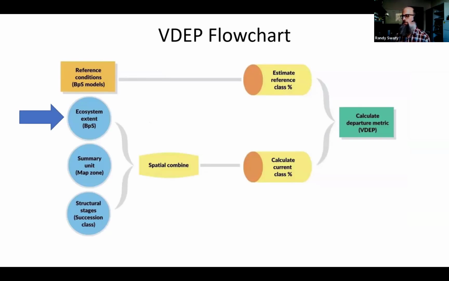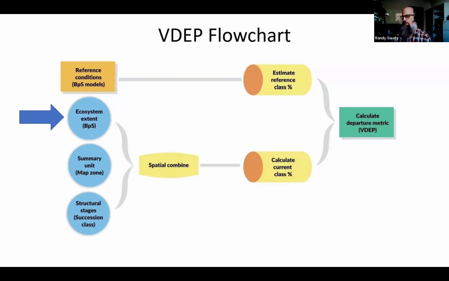And on the left, you see basically 4 inputs. We have the reference condition models, the ecosystem extent, which is what I'll be talking about now, the summary unit, which for LANDFIRE would be map zones that Jim touched on, and I'll go into maybe more than you want in a little bit. And then to capture current conditions, we have our structural stages or succession class data.